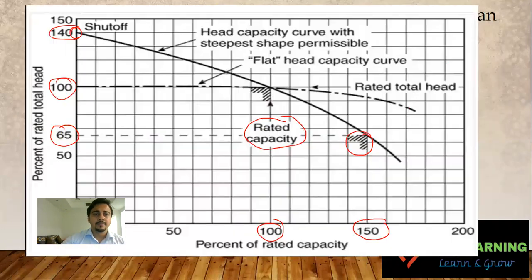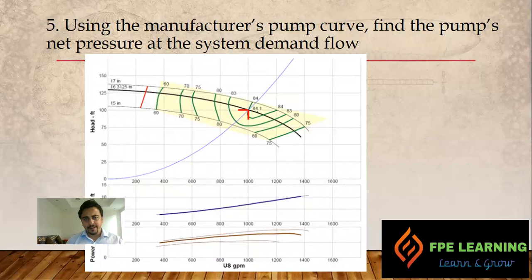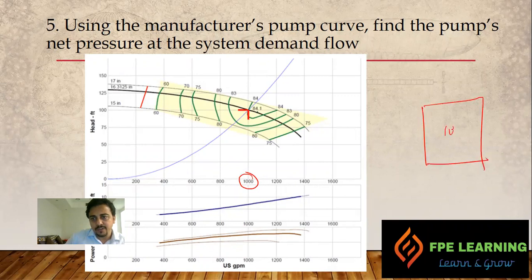Okay, the next point is using the manufacturer curve. Mostly the pump manufacturer supplies this curve, and then you have to find out the net pressure at your demand. Let's say your demand for the sprinkler system or your facility is 1000 GPM. Let's say it's a warehouse that requires more water, so 1000 GPM. What is the pressure at that point?